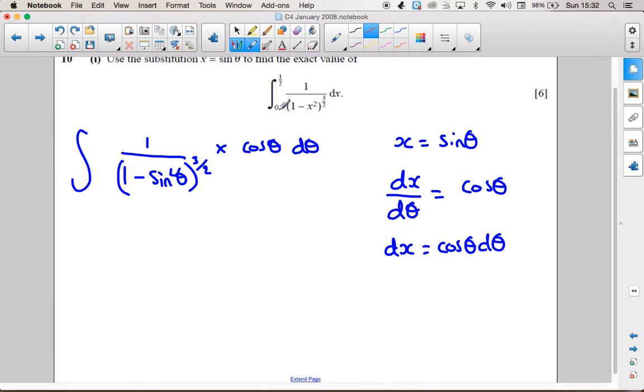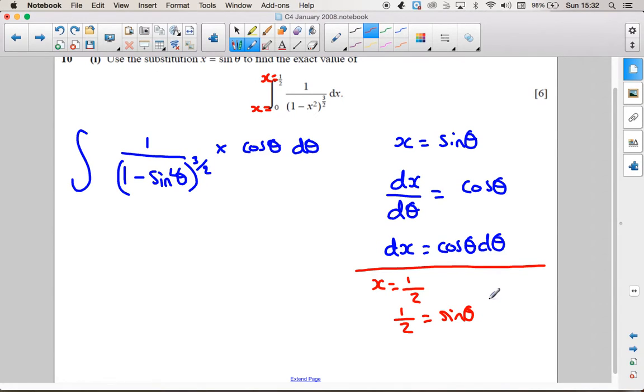We also have these limits to do with x, but we've now got thetas in our question, so it's going to be worth changing the x's into thetas at some point. We may as well do it now. Because x is equal to sine theta, let's look at when x equals a half. We've got a half equal to sine theta.